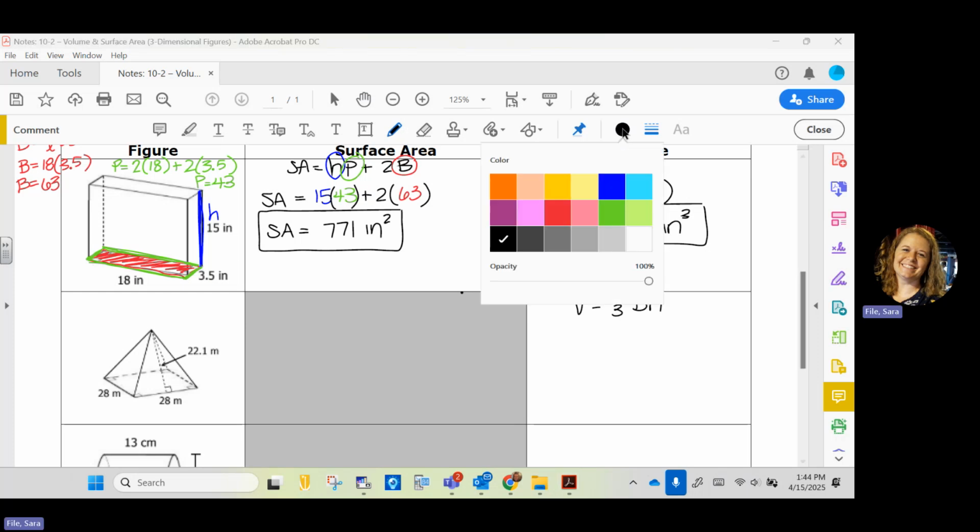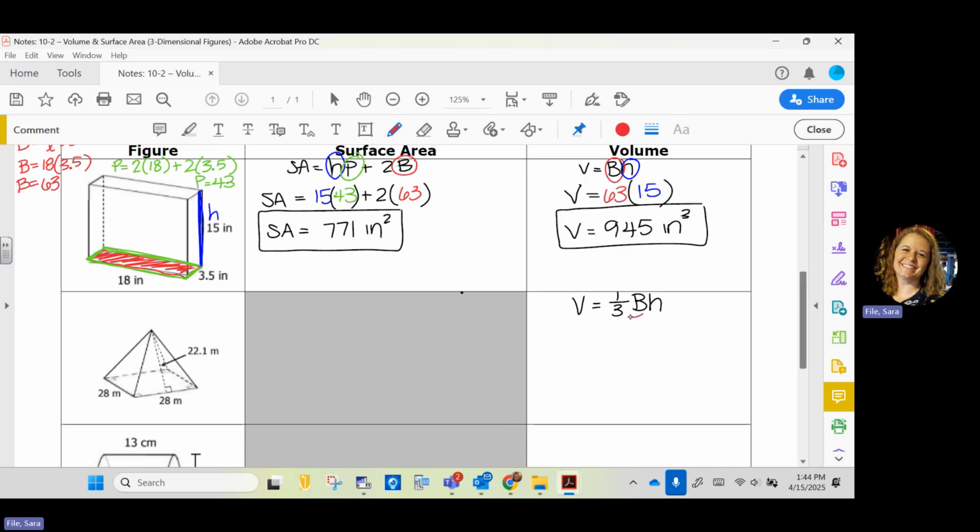That B still represents area of the base. So my base in this one is this square on the bottom, and I can see it's 28 by 28. So I'm going to calculate the area of my base, and it is 784.